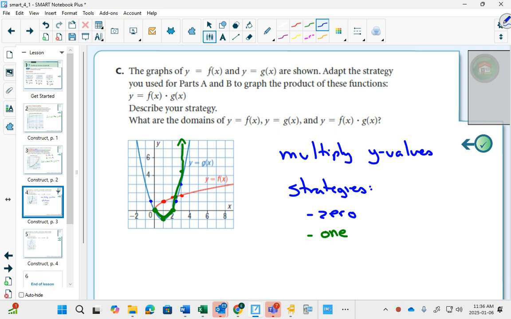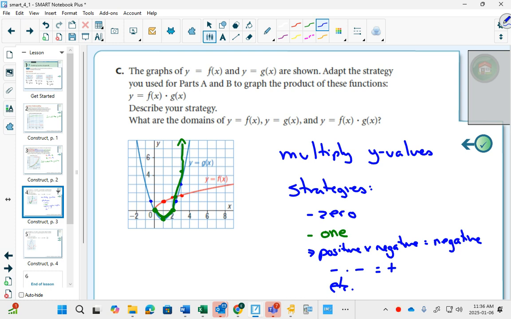So maybe we write in our strategies here. There, I can write this like this. If you had a negative times a negative, you'd get a positive, etc. So depending on where your graphs are, you can use that as kind of hints of where your graph should be.